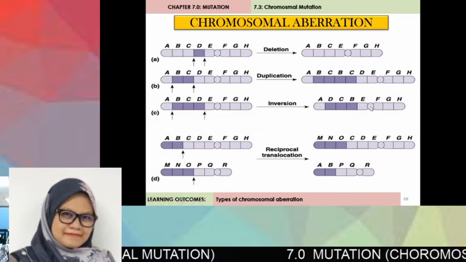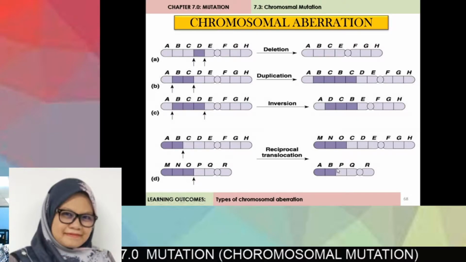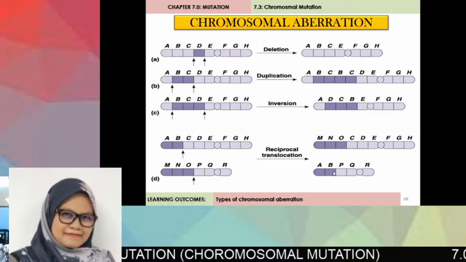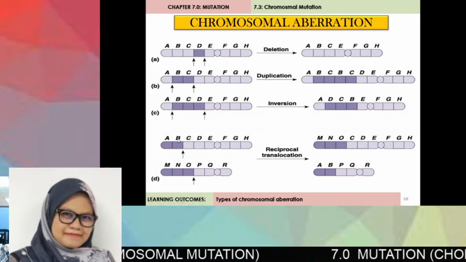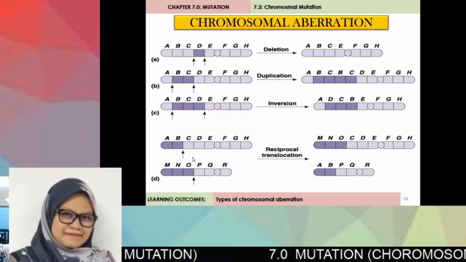And then we have A, B, A, M, and O, and this shows translocation. The type is reciprocal because both chromosomes break their segments and then receive another segment from their non-homologous chromosome.